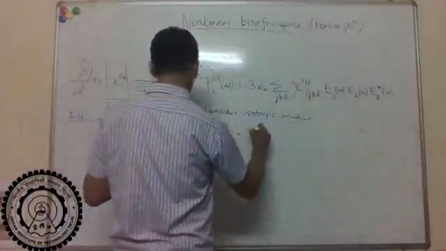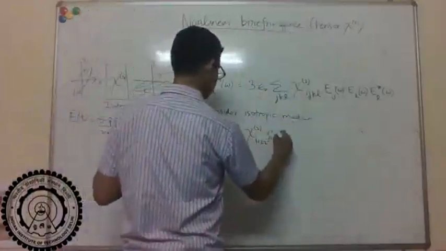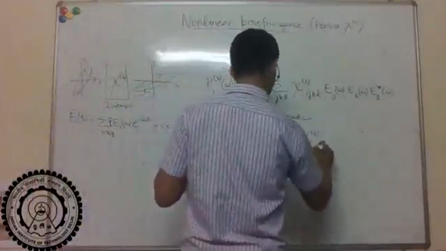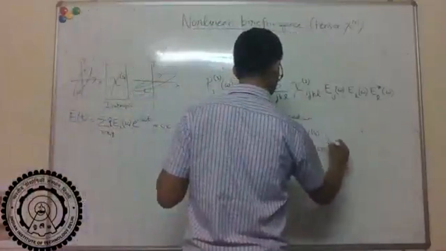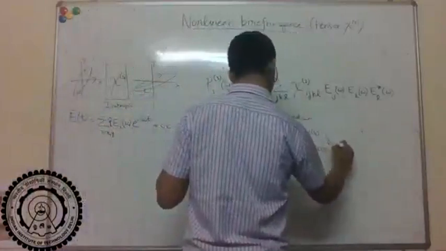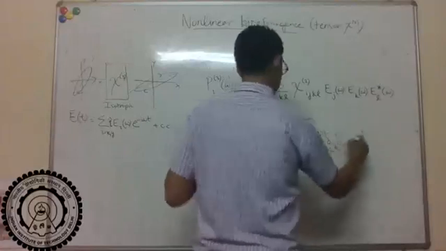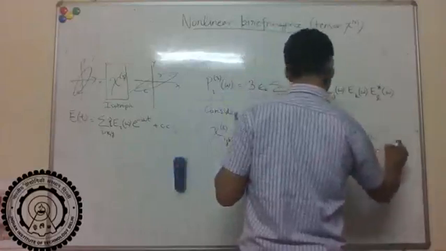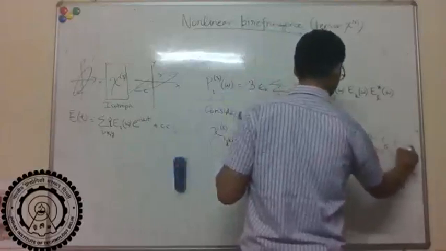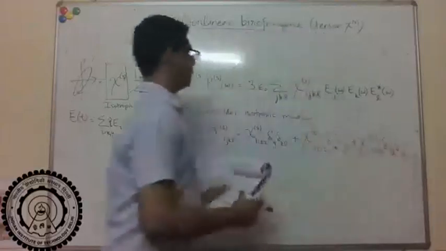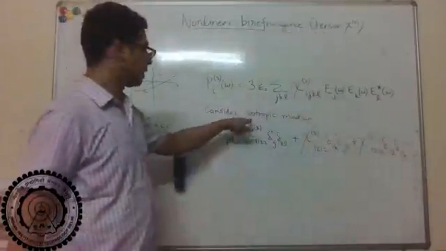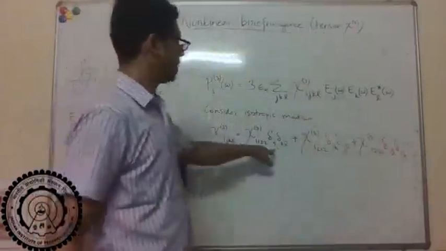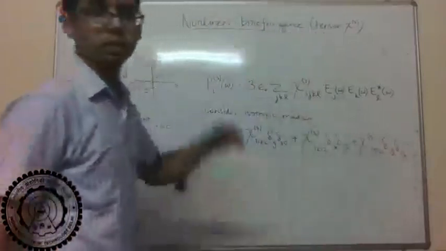So chi 1122, chi 1212, and chi 1221. Recall that isotropic medium had only these three independent elements, and any tensor element we could write in terms of these three like that.